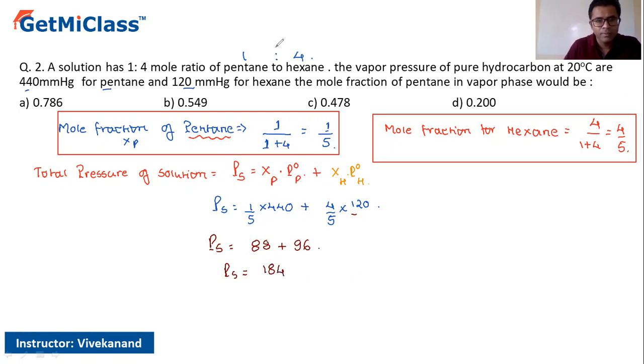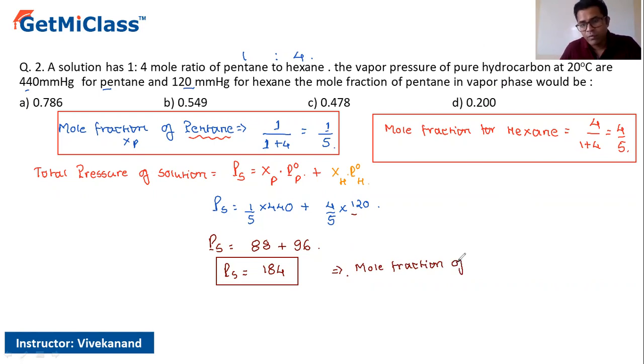So this is one more point we have derived. Let's take this further. Now we need to find the mole fraction of pentane in the vapor phase. The mole fraction of pentane in the vapor phase is given as chi P into P naught of P, divided by PS, the total pressure of the solution.